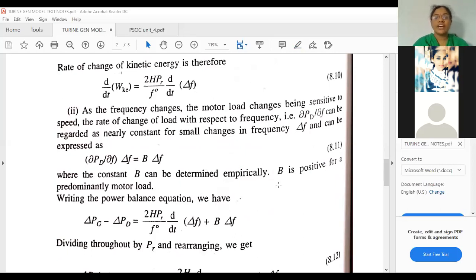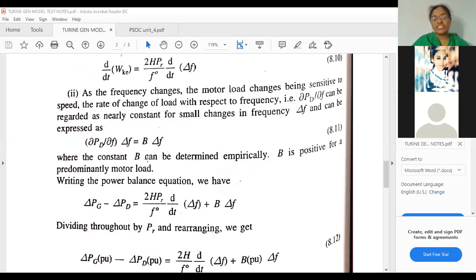So we are considering the power with respect to change in frequency. That is given as dou PD by dou F into delta F, which is B into delta F, where B is determined as a positive predominantly motor load, which is a constant value. About B I'm going to explain in the next classes. So just take B as it is, a constant value.